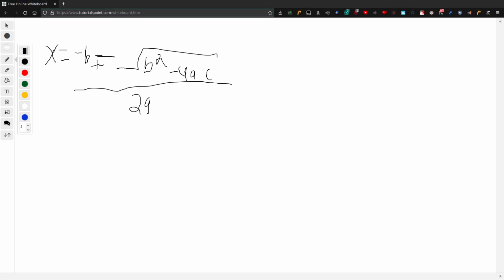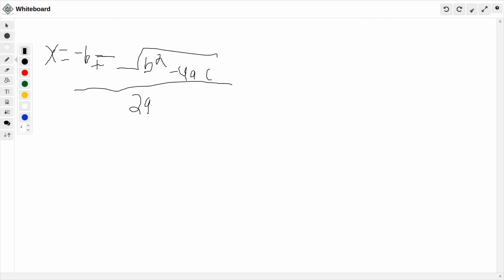And now, what is a quadratic in standard form? It would be ax squared plus bx plus your constant.